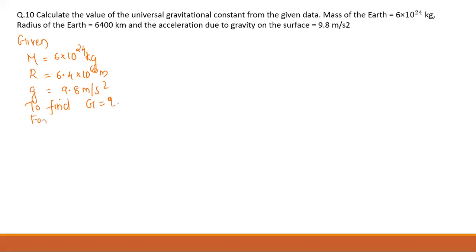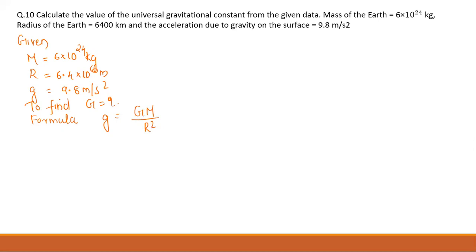We know the formula for gravitational force. Here g is given, so we can use the g formula and find out capital G, the universal gravitational constant. g is equal to GM upon r square.